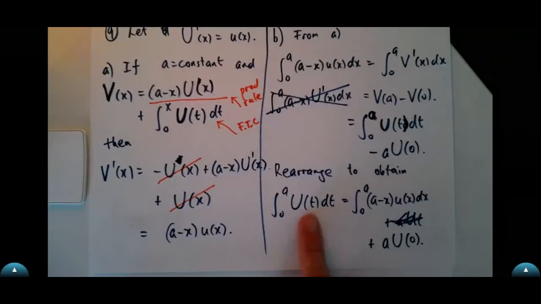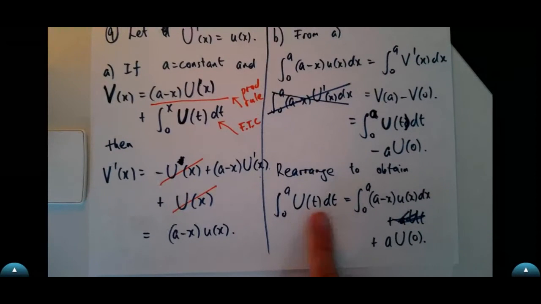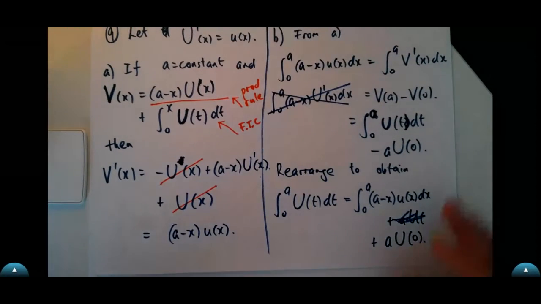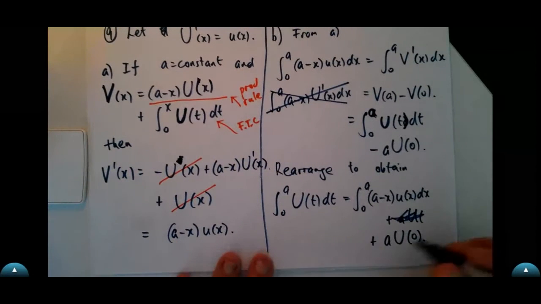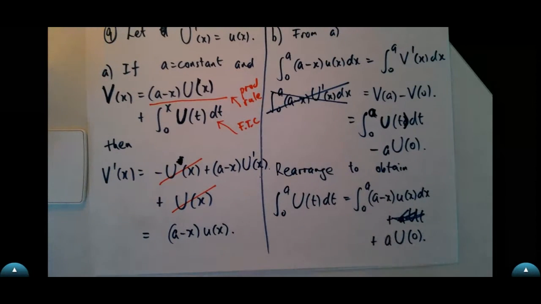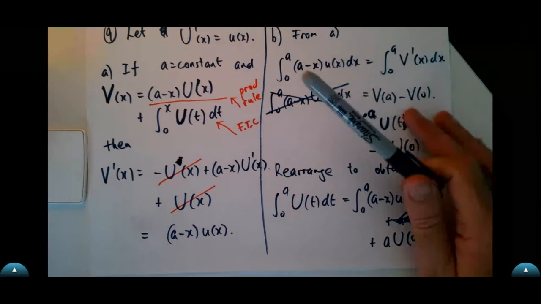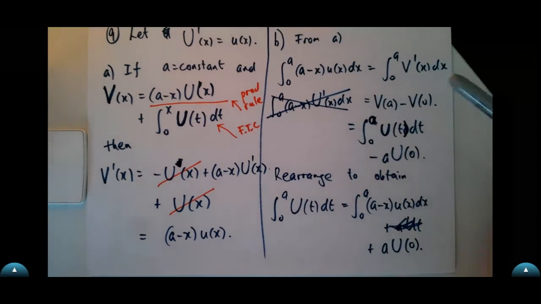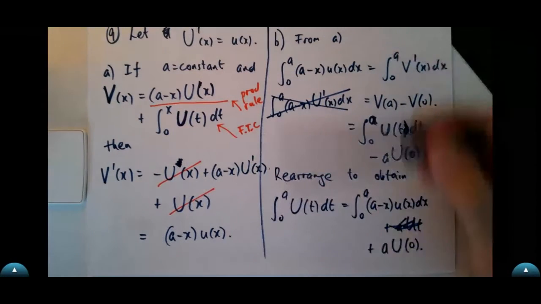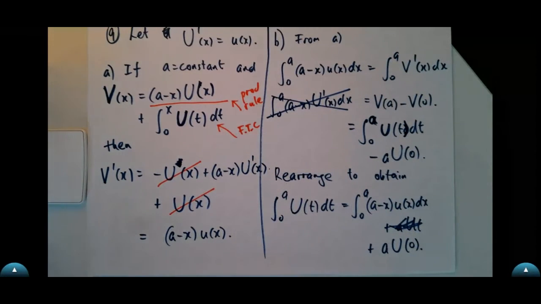Even though I've got t's here, I could have x's as well, you can just replace them with x's. So you get the actual thing that you need. You can see I tried to go down a different path there, but actually we didn't need it. I think the first part's pretty easy. The second part's maybe a little bit harder.